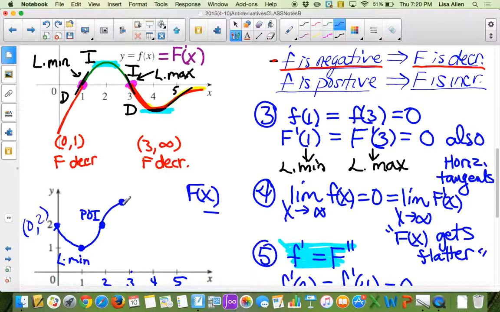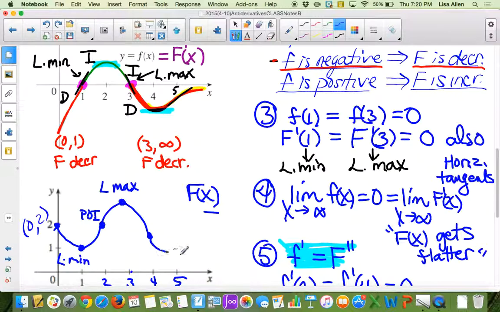And then after 3, we have a local maximum at 3. Then the function decreases. And then you have a point of inflection at 4. I'll put it right here. So it decreases, you have concave down, and then it changes to concave up again after 4.